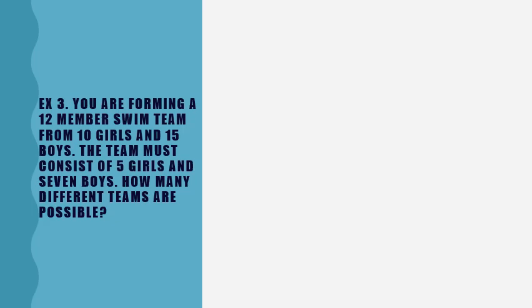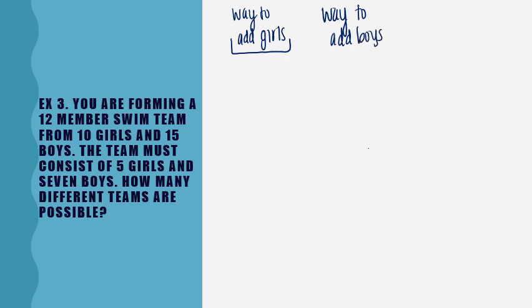In this case, this is the fundamental counting principle, because you're going to multiply the ways to get girls and the ways to add boys. So for the girls, it's going to be 10 combination 5, and then we're going to multiply that by 15 combination 7.